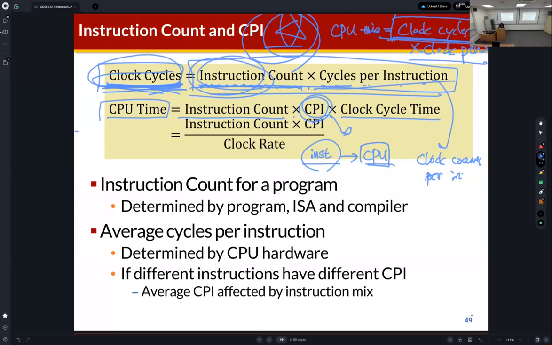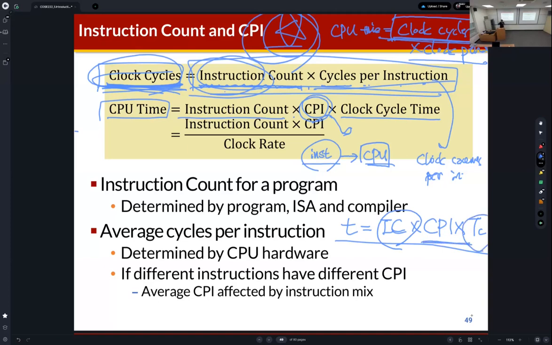So I frequently use T: CPU time T is the instruction count IC multiplied by CPI, the clock cycles per instruction, multiplied by the clock period. Just remember this equation, it's actually a very important equation. So we can represent the CPU time using instruction count and clock period with CPI.